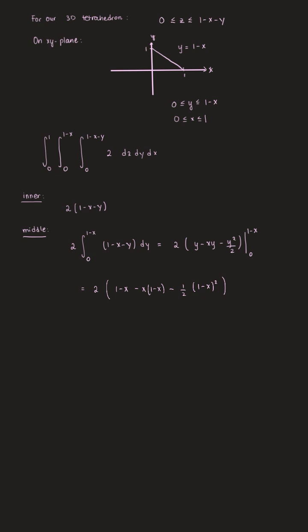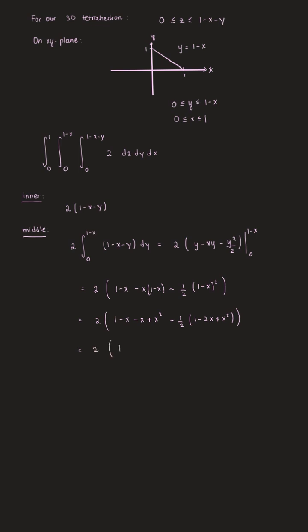All right, so let's simplify this a little bit. We'll get 2 times 1 minus x plus x squared minus 1/2 times 1 minus 2x plus x squared. I'll distribute that a little bit more and then combine like terms.